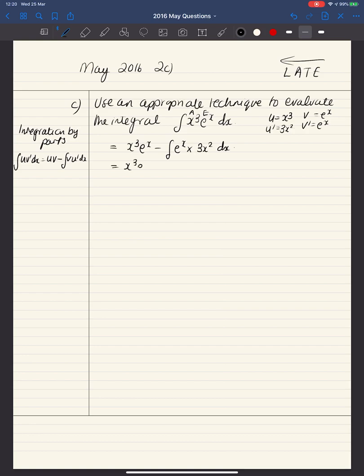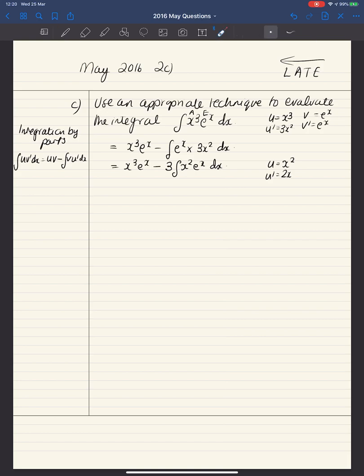So x cubed e to the x minus 3 integral x squared e to the x dx. I'm going to show you a much quicker way to do this in a minute, but I've got a second integral to do here. This is the typical, traditional way of doing it that I've been taught. But a student showed me a much quicker way, and I'm going to write that up as well.